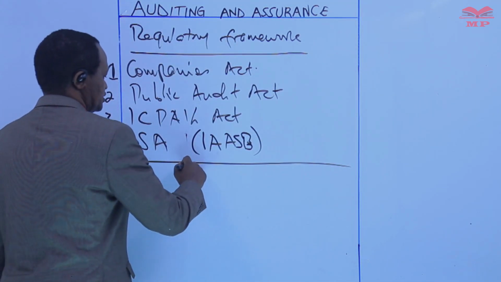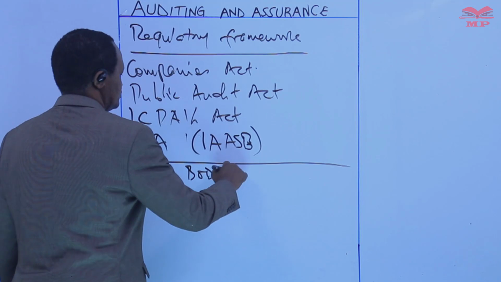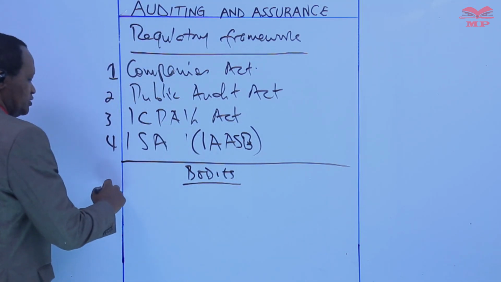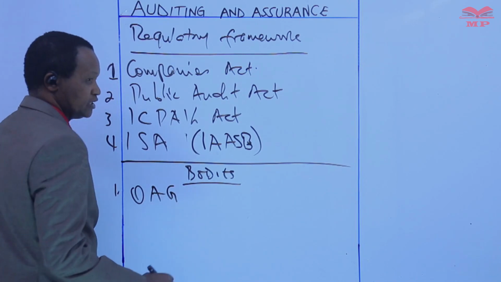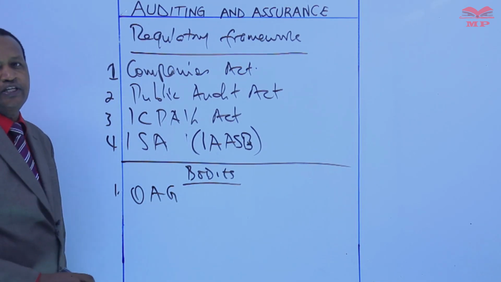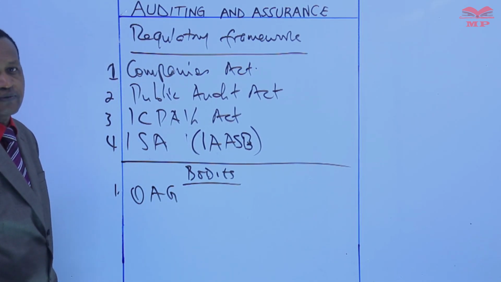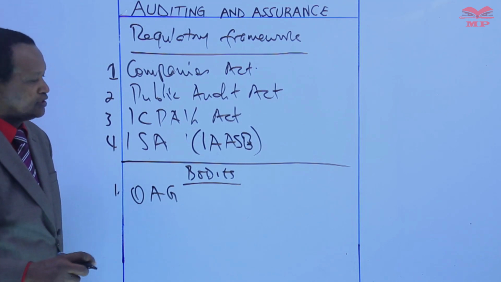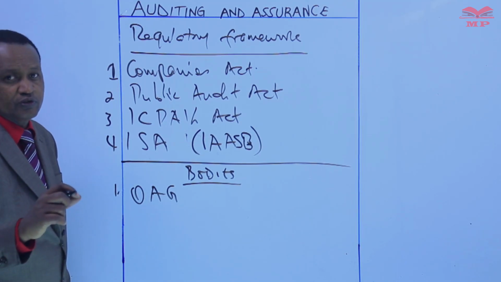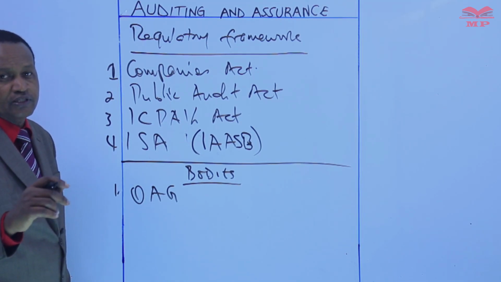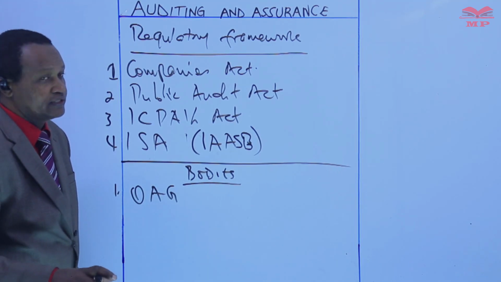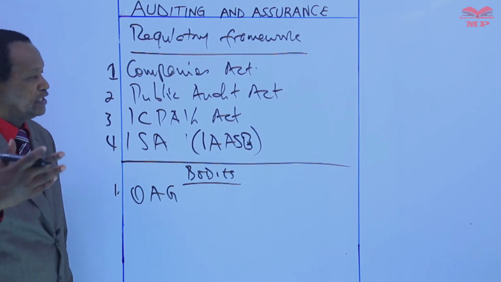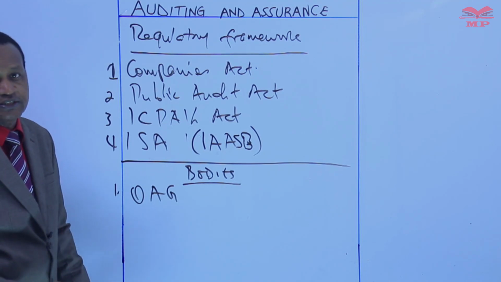Regulatory bodies include: 1, the Office of the Auditor General. This office is responsible for auditing the accounts of national and county governments, the state corporations, and other public entities.